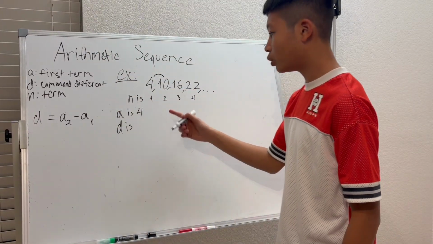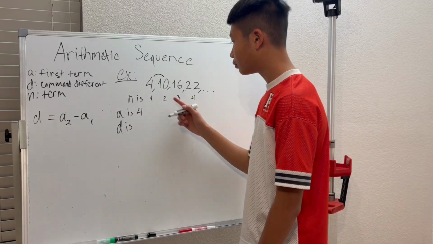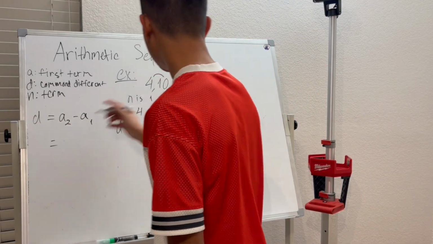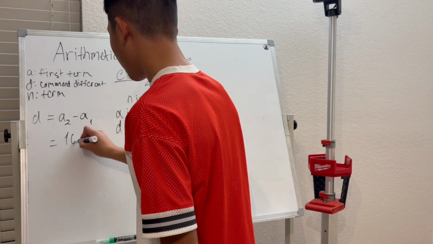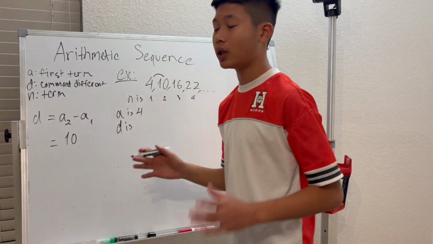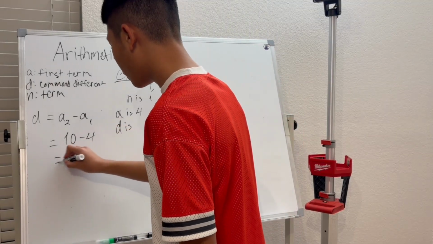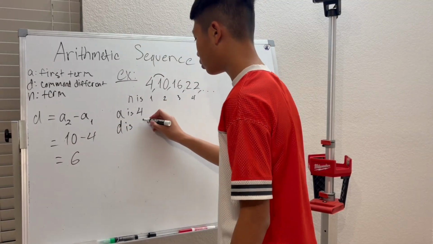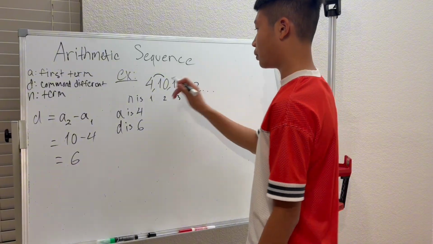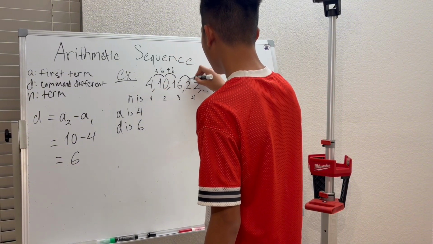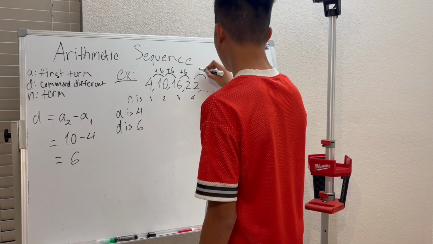A1 is the first term, which is 4, and A2 is the second term, which is 10. So the common difference is 6. And it is true, because from here to here you add 6, and from here to here you add 6 as well. Add 6 and add 6.